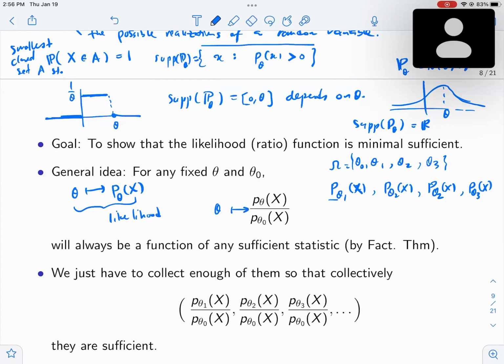So what we're saying is this vector is going to be minimal sufficient. If you understood what I mean, it doesn't matter that the dimension is growing or is big. That's not the point here. The point is the information, which is smaller than the original one, probably.